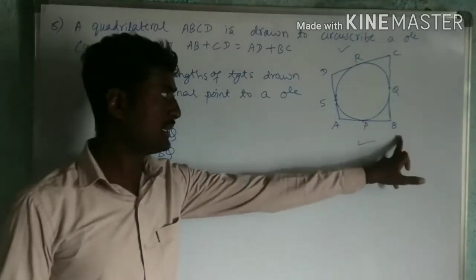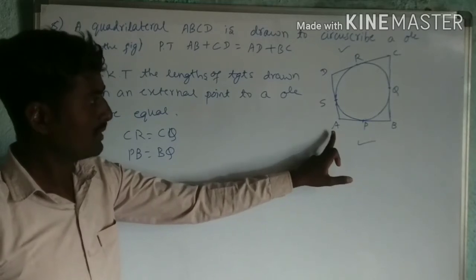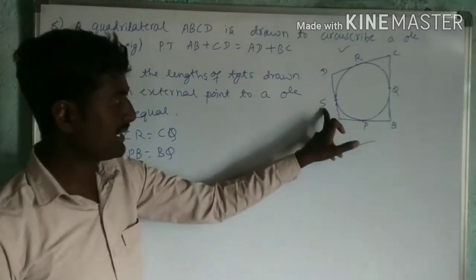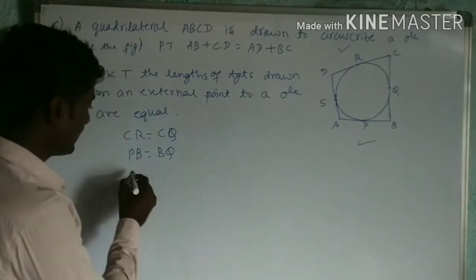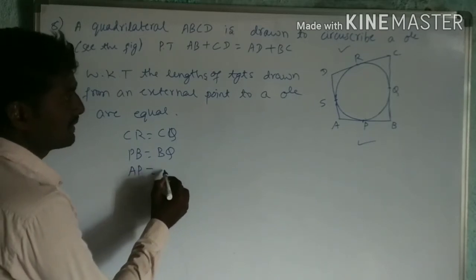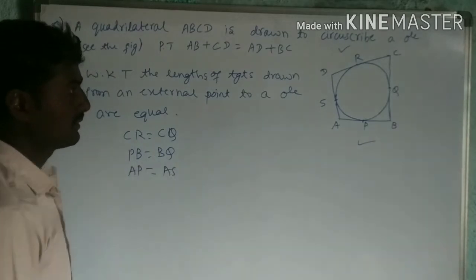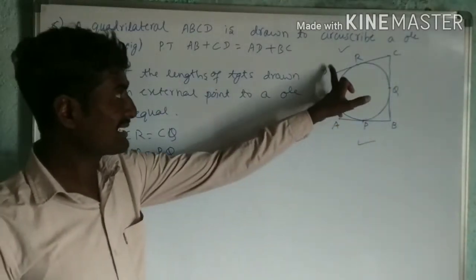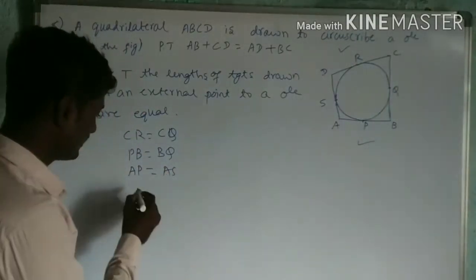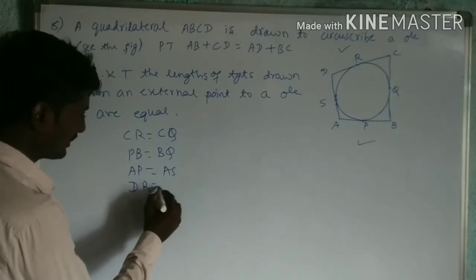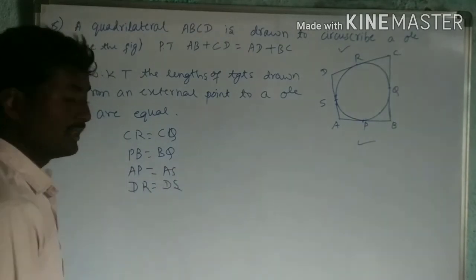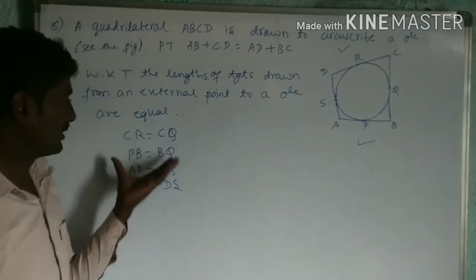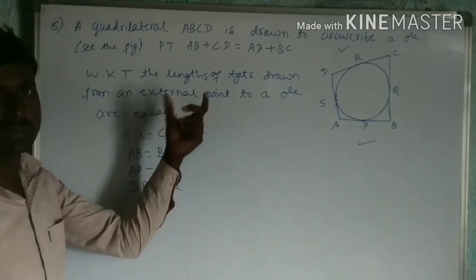Then the point A: AP is equal to AS. Next for the point D: DR is equal to DS. These are written by using this concept.